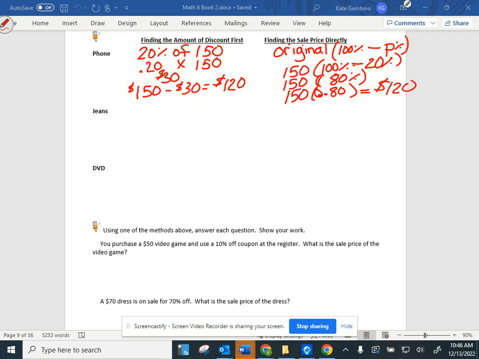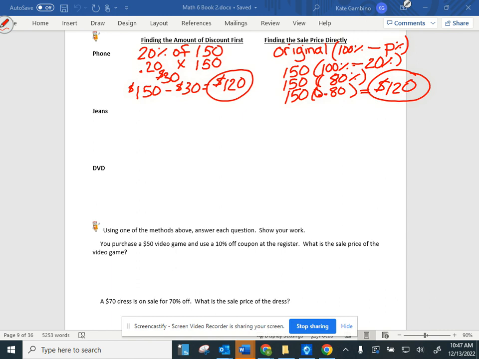We get the same answer, $120. So you can just multiply the original amount by what that 100 minus what your discount is. So it's 20% discount, so we're going to multiply it by 80%. And it's going to tell you what the new sale price is.